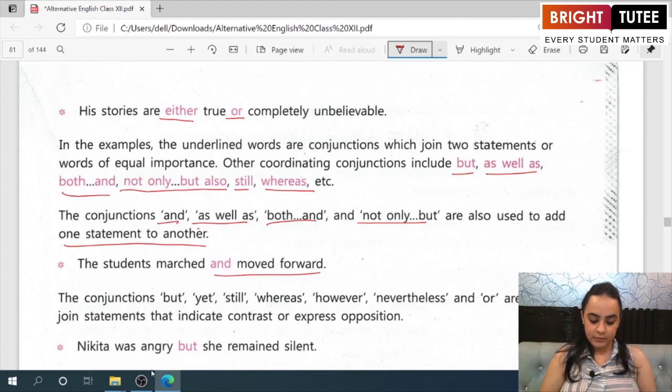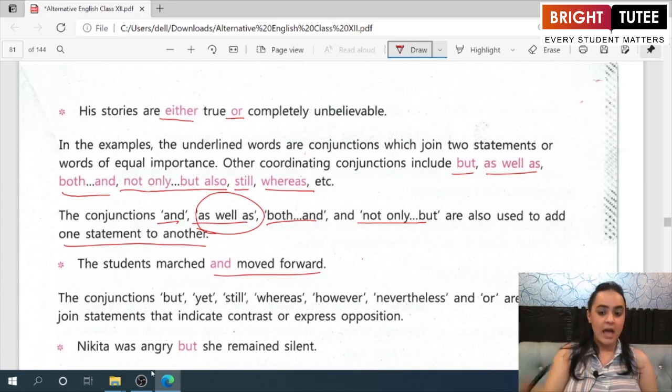If I say, using as well as, if I frame a sentence for you, I will watch a movie as well as talk to my friend over phone. So I have added a sentence that I will watch a movie, and what else have I added to my routine? That I will talk to a friend also on phone.